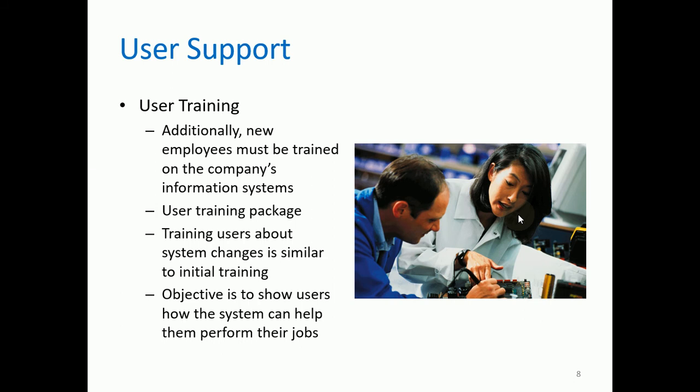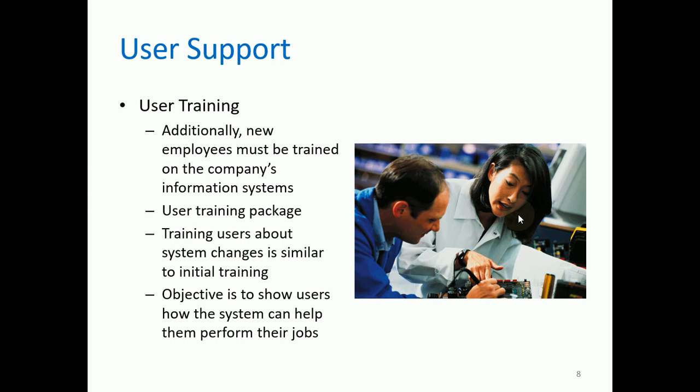First, we have the user support. Since the information system is already operational, you should have user support for your end users. The first method for user support is user training. New employees must be trained on the company's information systems. You should not expect that all of your employees know how to use the system, especially if it is new.